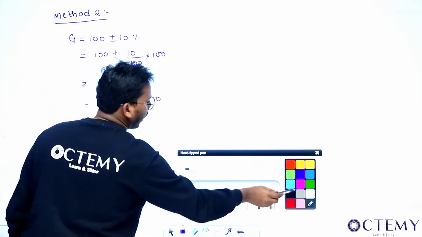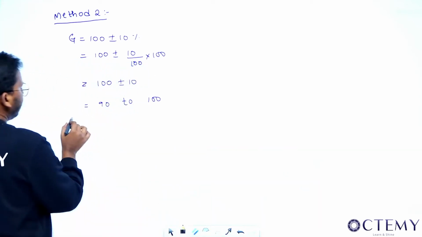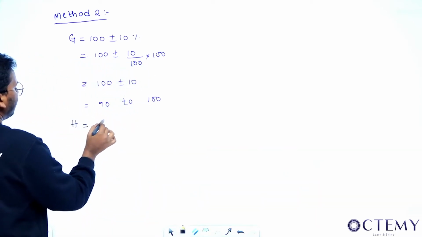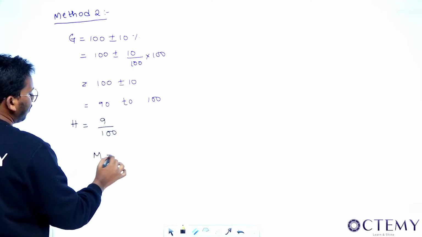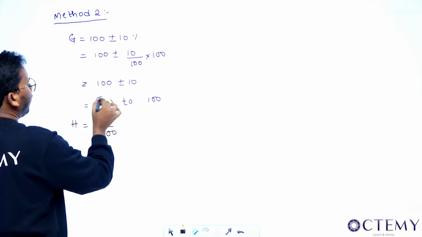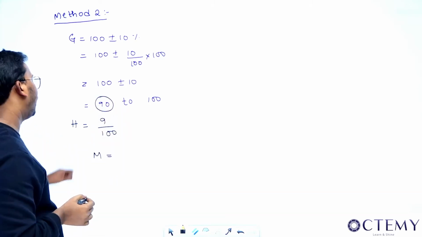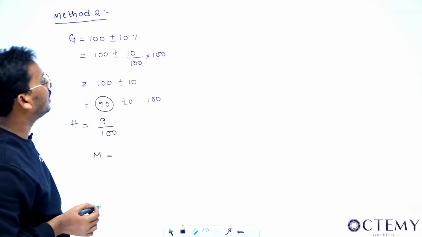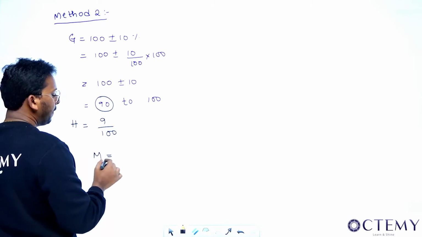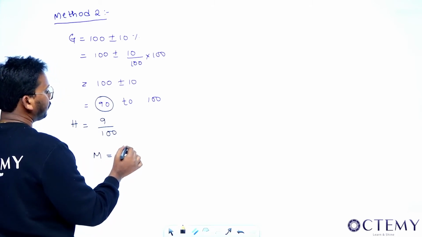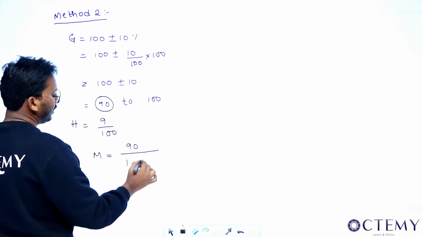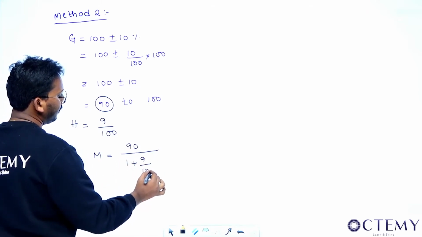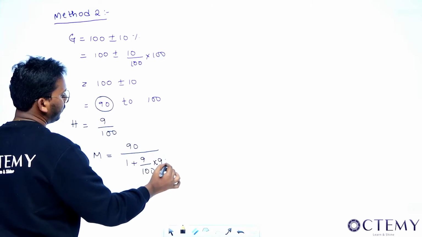Now, what is your H given to you? The H, the feedback gain, is given to you as 9 by 100. Now, if we find M, what will you get? First find the M using 90, next find the M using 110. You will get 90 divided by 1 plus 9 by 100 into 90.